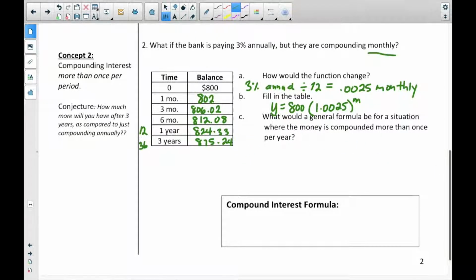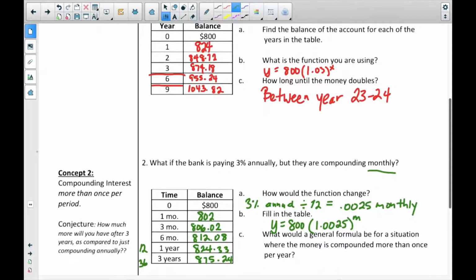Let's just take a second to compare that to the table up above. And up here, after 1 year, it was $824. Here, after 1 year, it was $824.33. After 3 years, here was $874.18. After 3 years here, $875.24.